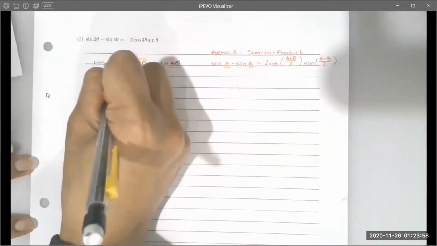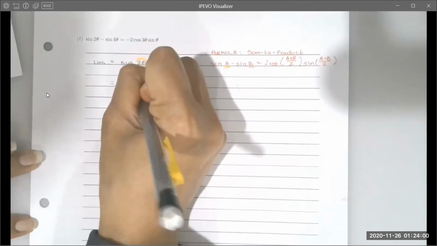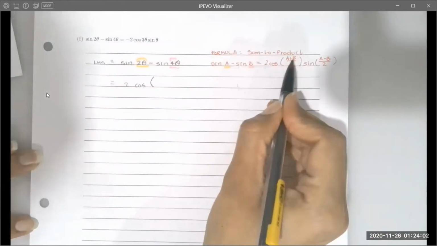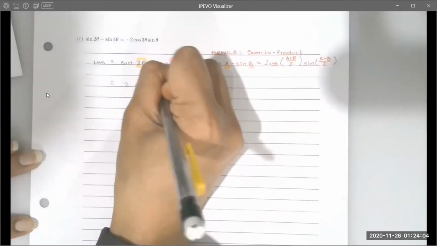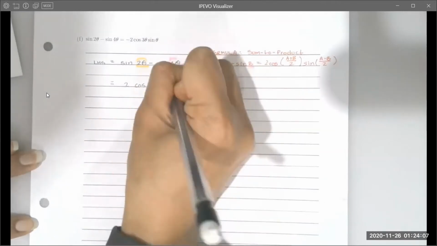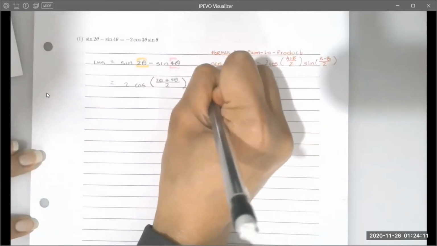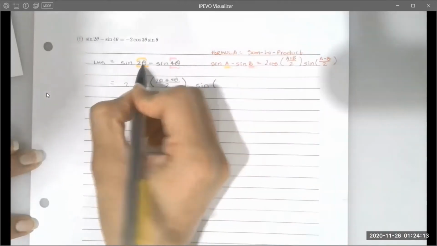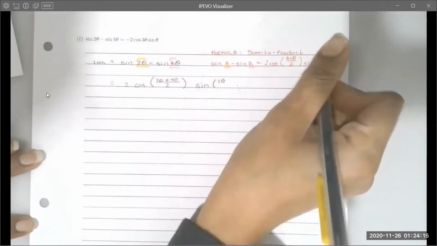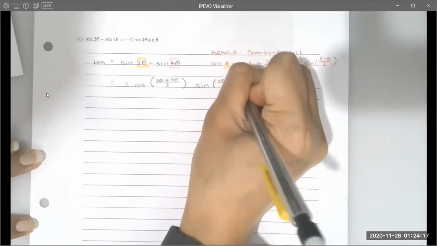Okay. So this is a 2 times cosine of A plus B. So A we said was 2 theta. B is 4 theta, all over 2, times sine of A minus B. So again, A is 2 theta, B is 4 theta, over 2.